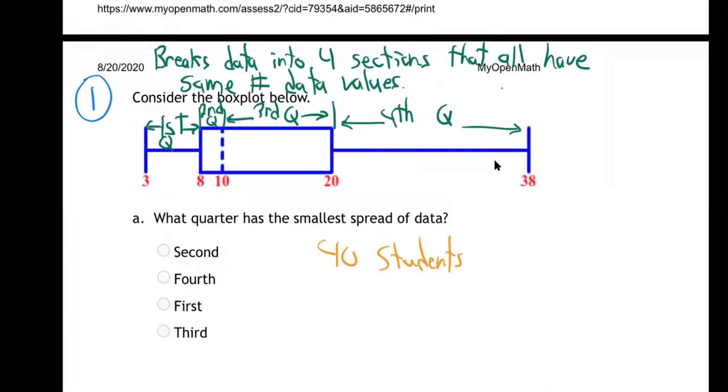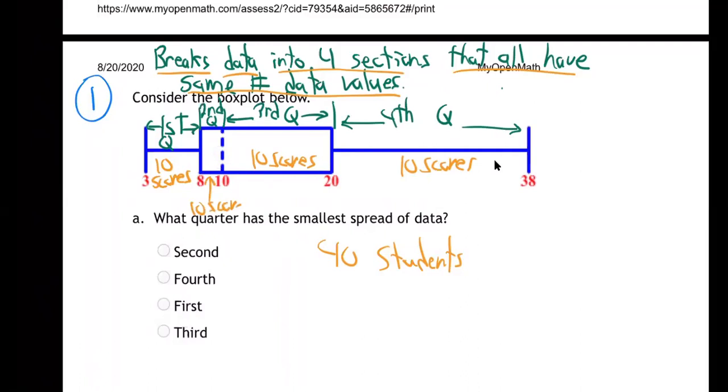Notice up here it says it breaks the data into 4 sections that all have the same number of data values. That means there's 10 scores that are between 3 and 8. And there's 10 scores in this region, and 10 scores in this region, and 10 scores in that region.